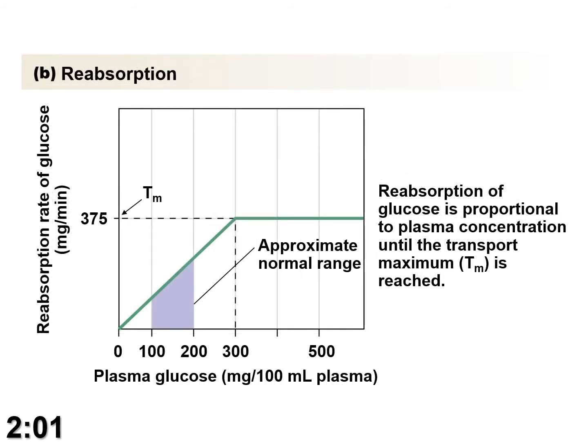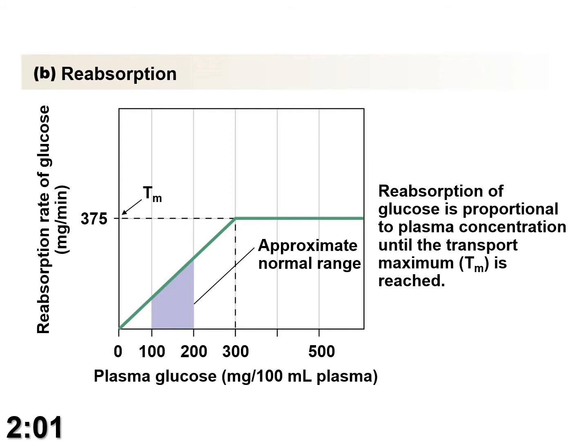Reabsorption, on the other hand, is an enzyme-related process. That is to say, you have transporters that bring this material back into the blood from the filtrate. Now, just like an enzyme accelerates a chemical reaction, these transporters are facilitating the movement of these molecules.